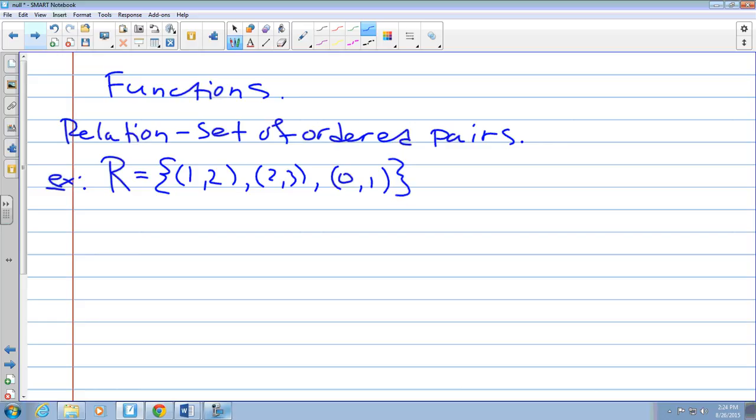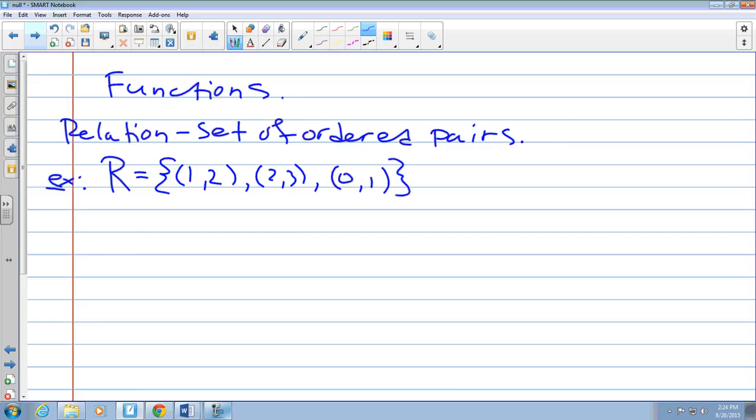That's what I see in the definition of this specific relation. It's just a silly example. All I see is that 1 relates to 2, 2 relates to 3, and 0 relates to 1. If 1 relates to 2, it does not mean that 2 relates to 1. That's kind of weird, but it has to be a one-way street.